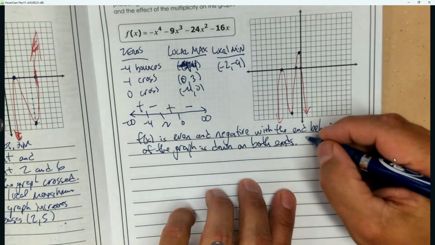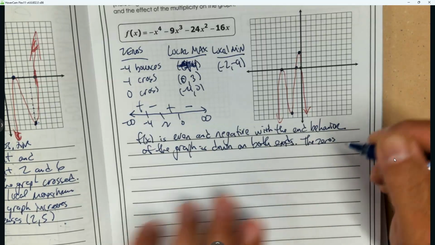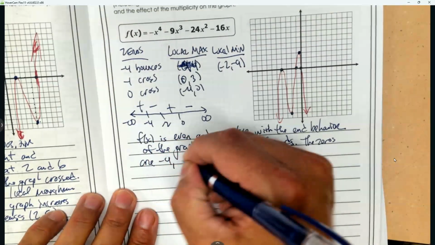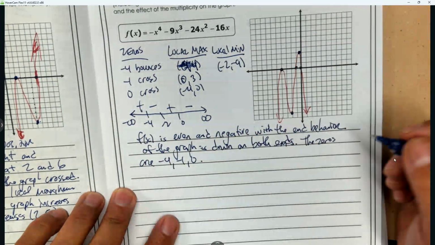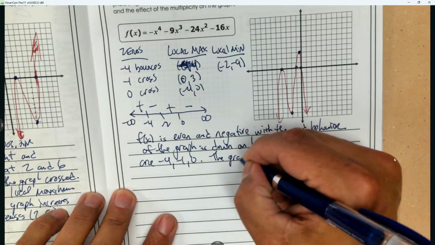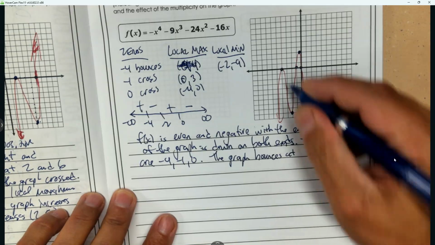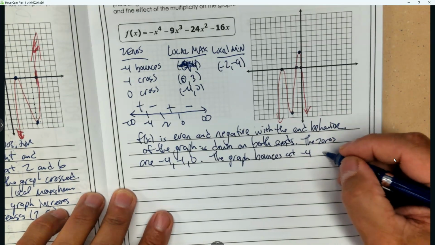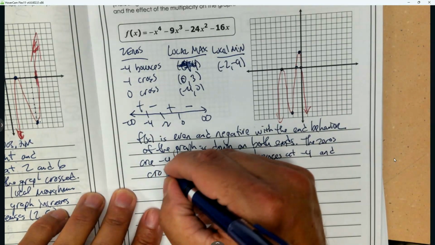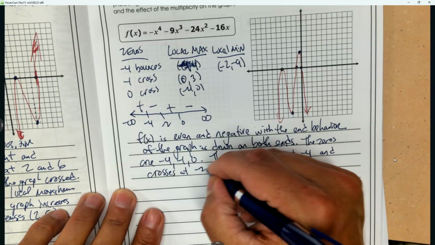Now the zeros. So the zeros are negative 4, negative 1, and 0. The graph bounces at negative 4 and crosses at negative 1 and 0.